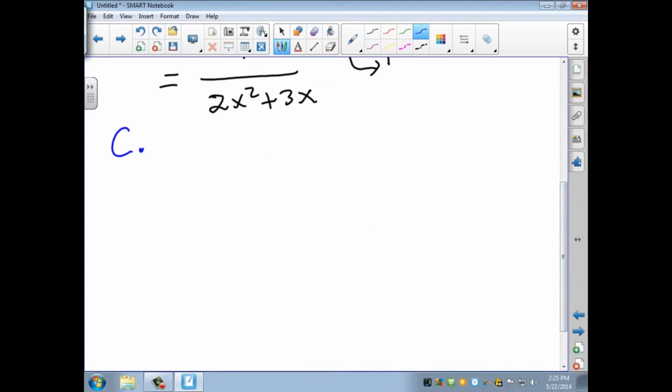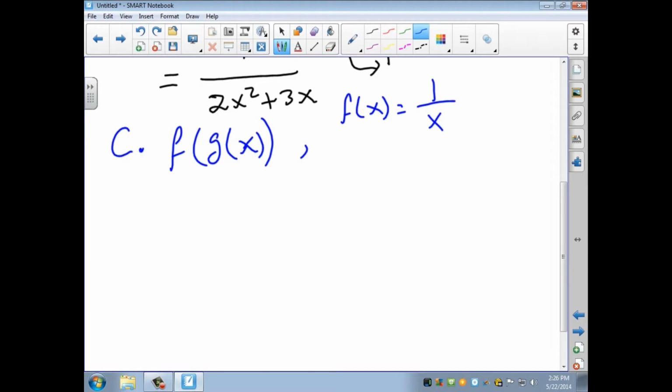C says f of g of x, like that. Okay, I'm going to write f of x one more time. F of x was equal to 1 over x. G of x was 2x plus 3, right? So f of g of x means evaluate your f function at the value of g of x.